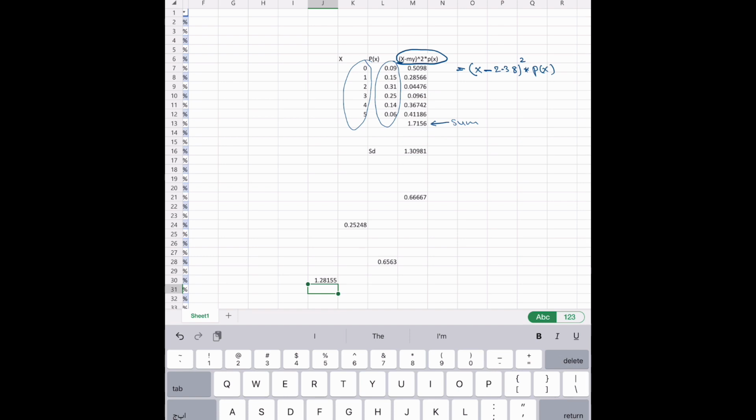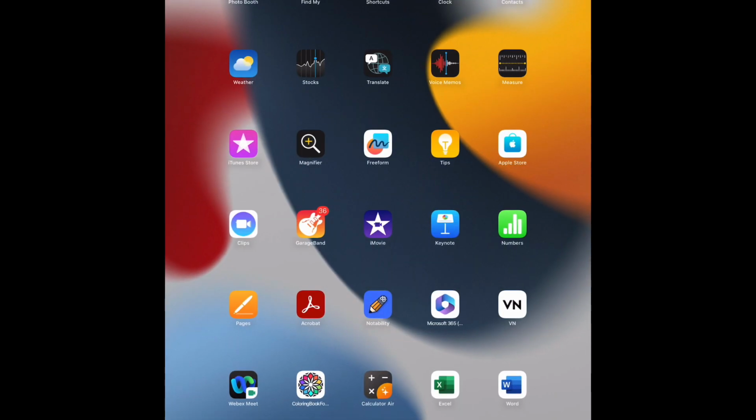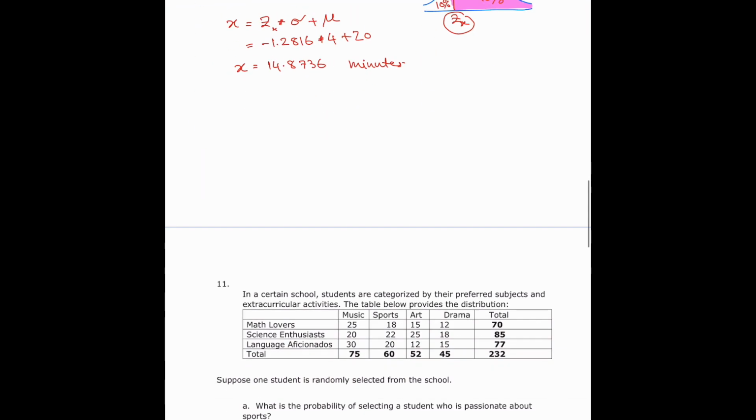That is the z-score. To turn it into a number, you take the z-score times the standard deviation, which is 4, plus 20, which is the mean, and you're going to get a number that is bigger than 20 minutes, which is the average, and that's why you know you did something wrong and you have to rethink that question again. So make sure that you are making sense of the numbers that you're computing.